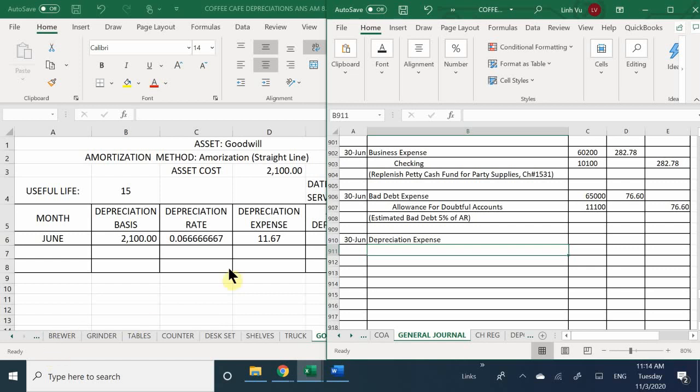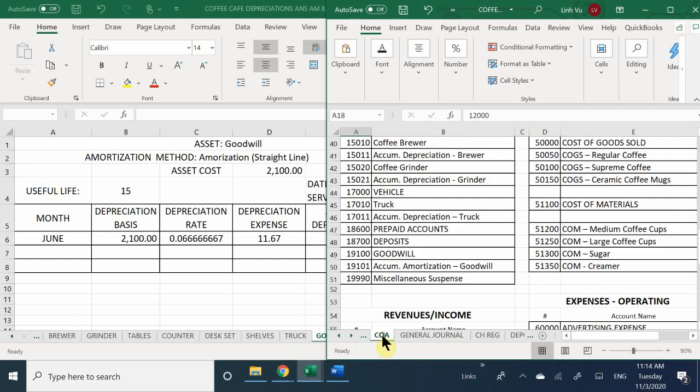Because of the historical cost concept, we have to create a contra account. What is that account called for each and every single asset? Accumulated depreciation. Now, let's look at our chart of accounts.